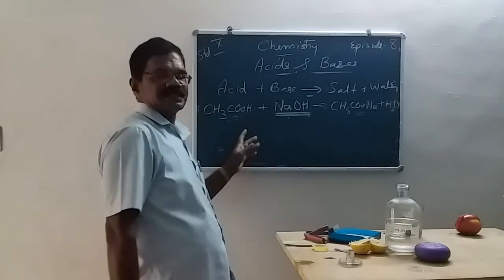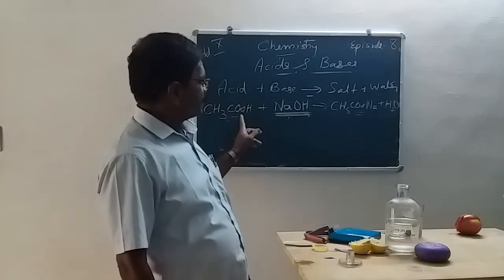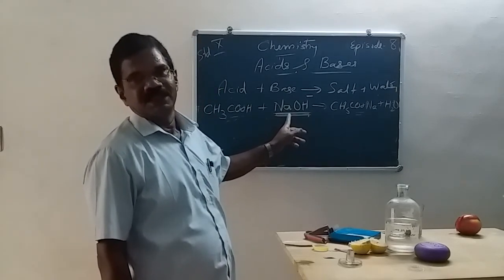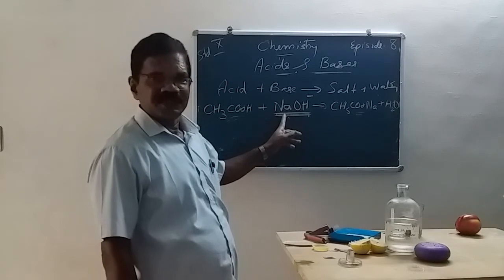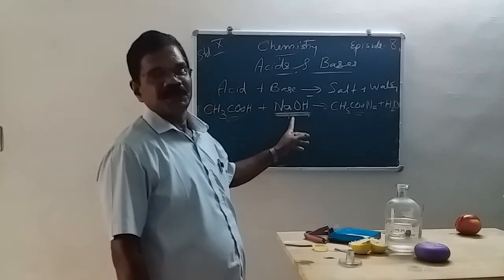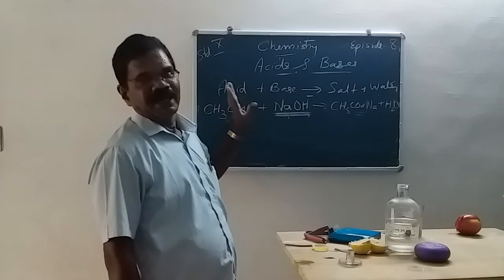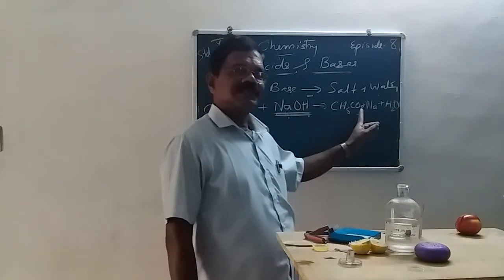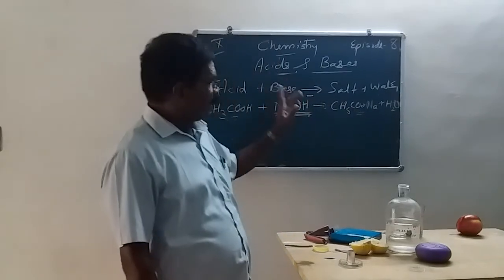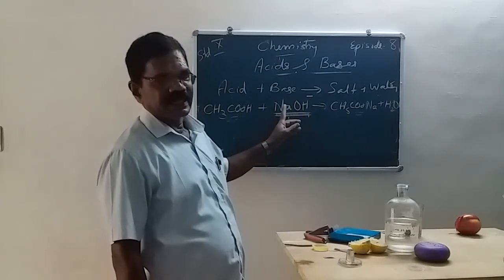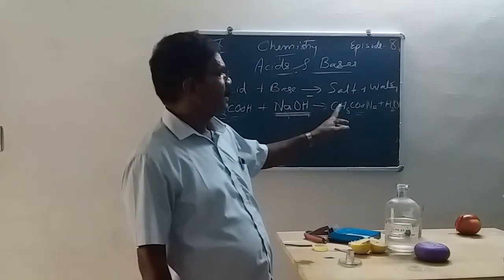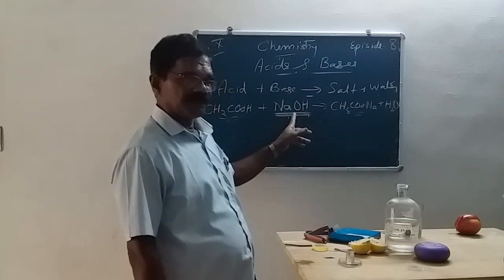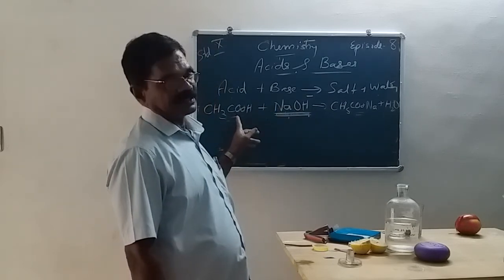What do we mean by this? If the acid and base are of equal strength, the salt is neutral. Whichever is stronger shows its property. If the acid is stronger than the base, the salt is slightly acidic. Similarly, if the base is stronger than the acid, it shows a slightly basic nature. So sodium acetate is slightly basic because sodium hydroxide is a strong base compared to acetic acid, a weak acid.